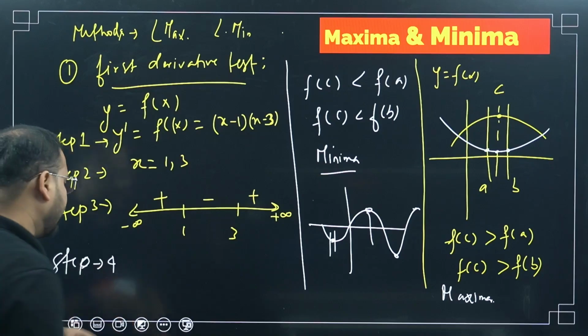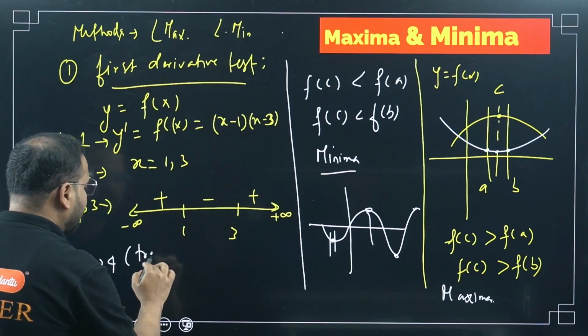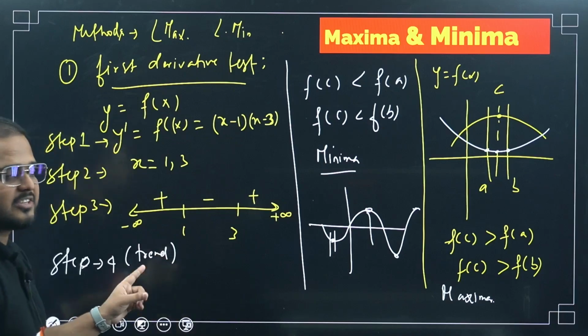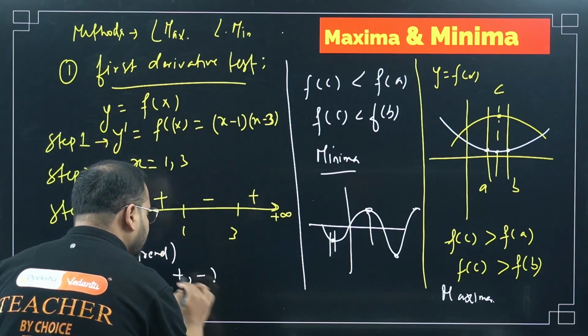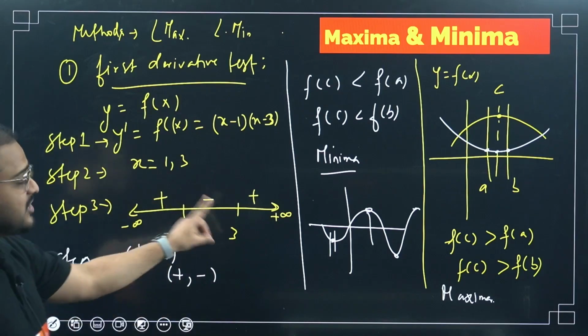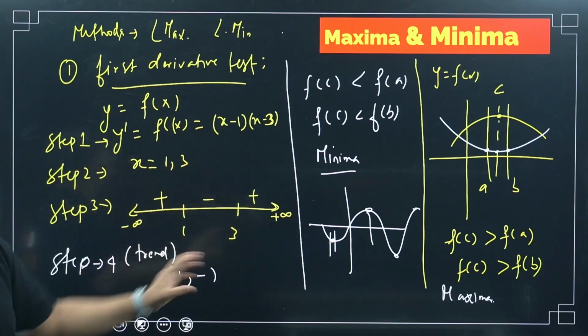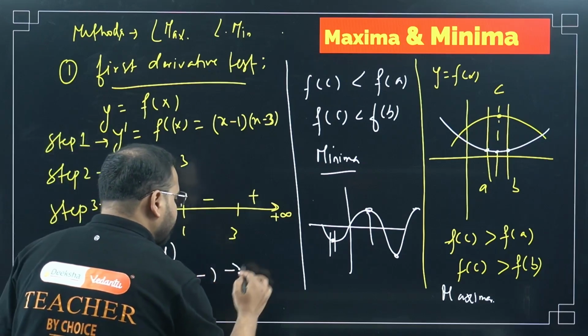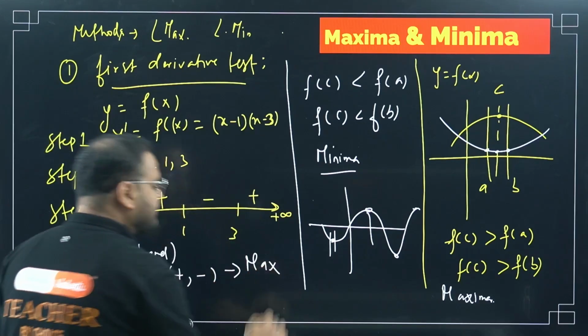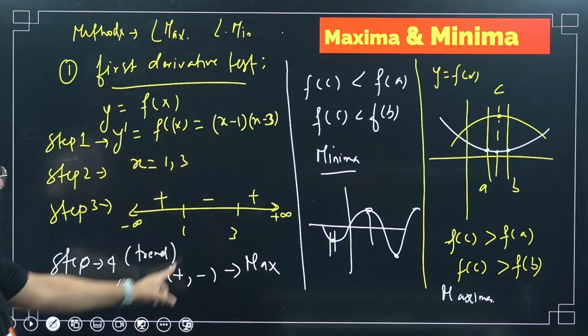Very important: you have to see the trend now. Check the trend. If the sign changes from plus to minus, it means there is a point of maxima at that value. So check where it is plus to minus: at 1.